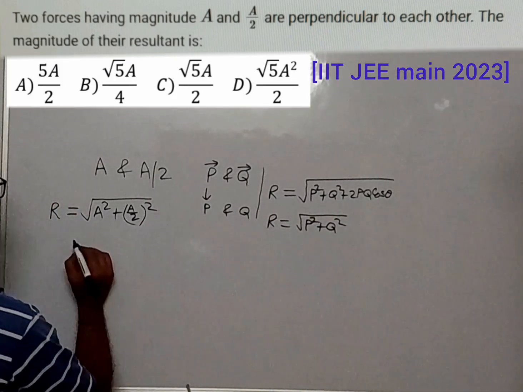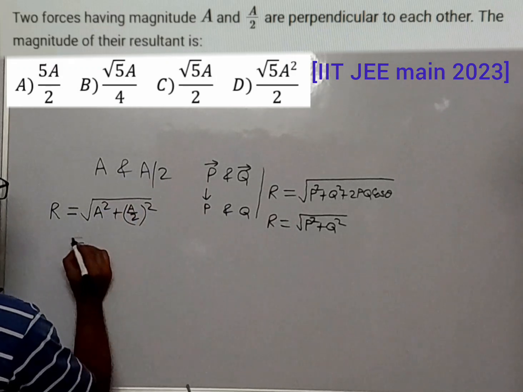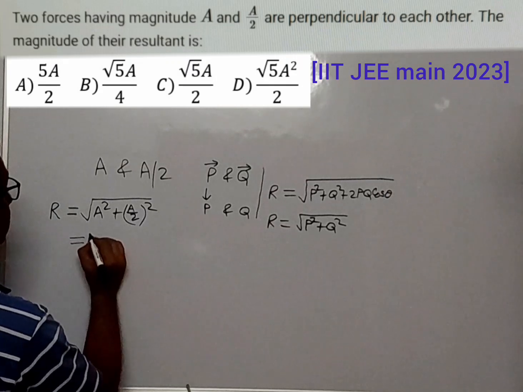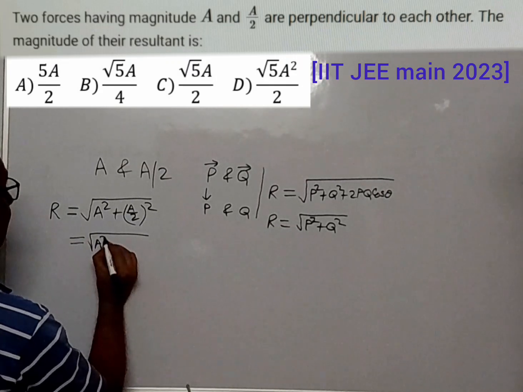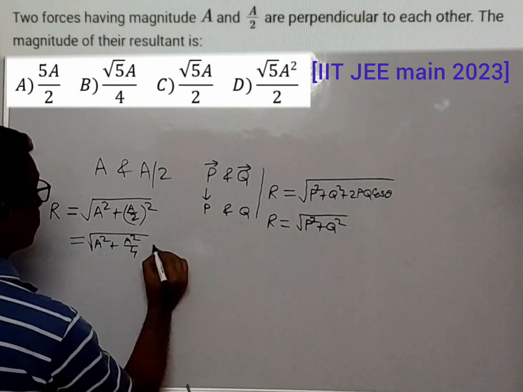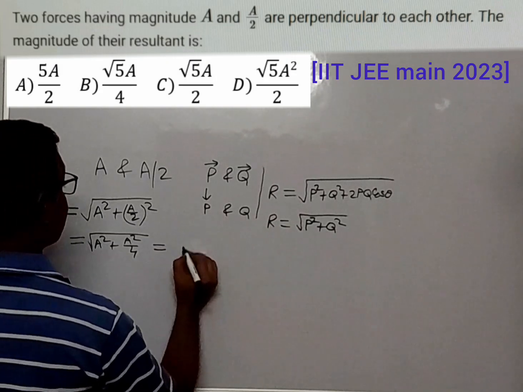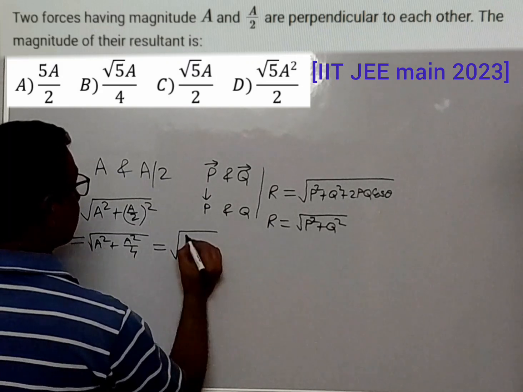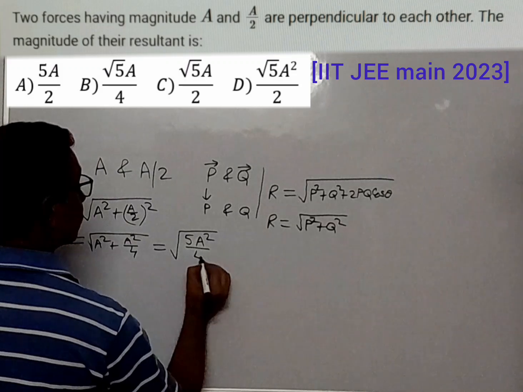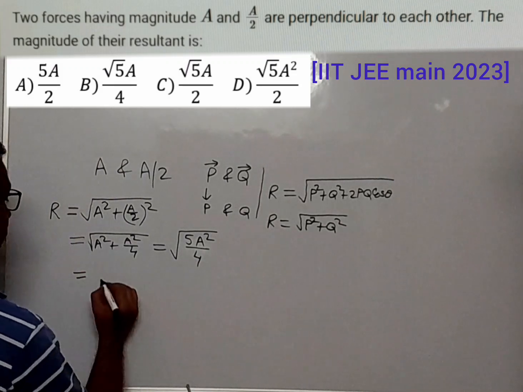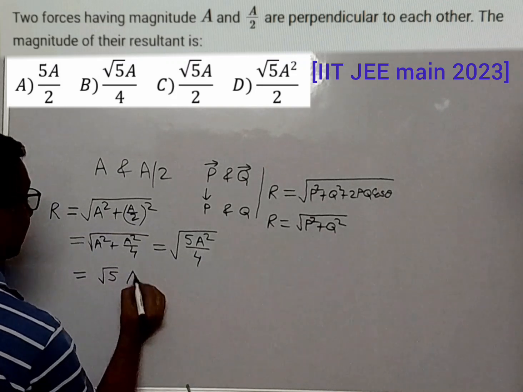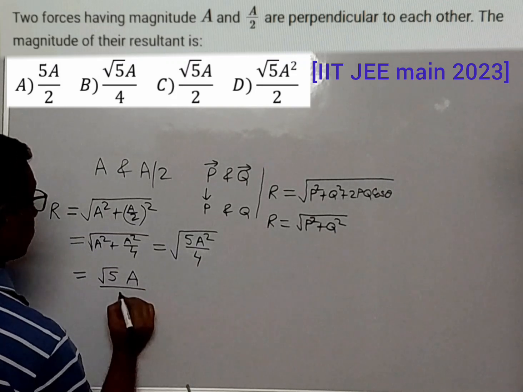So just put the values and find the magnitude of the resultant. This will become square root of A square and A square by 4, which is equal to square root of 5A square by 4, which is equal to square root of 5A upon 2.